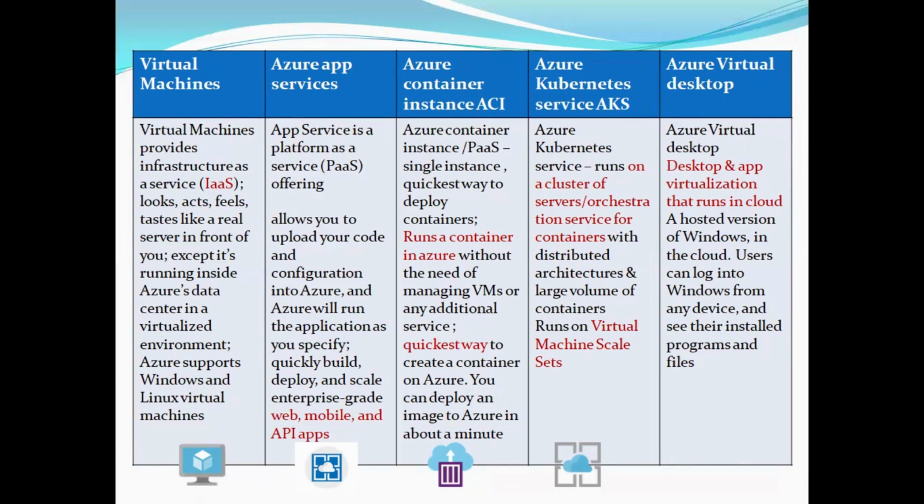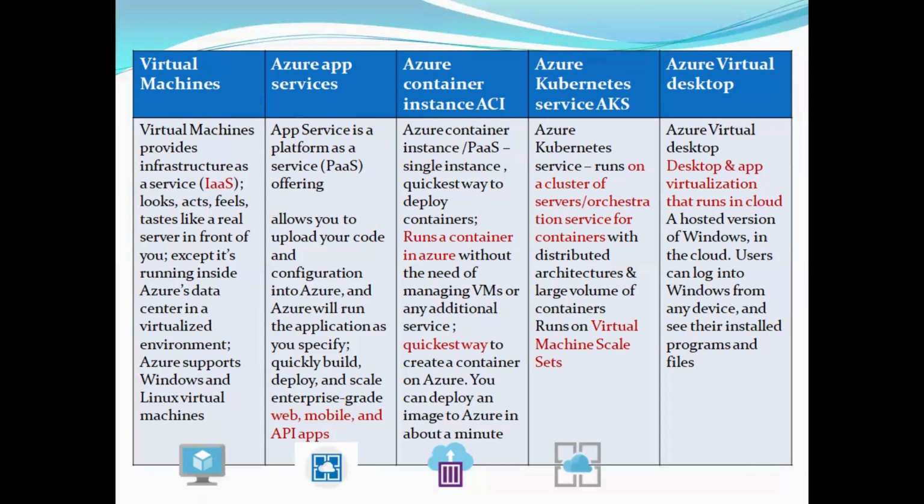And Azure Kubernetes Service is similar to Azure Container Instance, but if we need to run multiple instances in virtual machine scale sets, then Kubernetes is the best choice. That is the difference between Azure Container Instance and Azure Kubernetes Service.